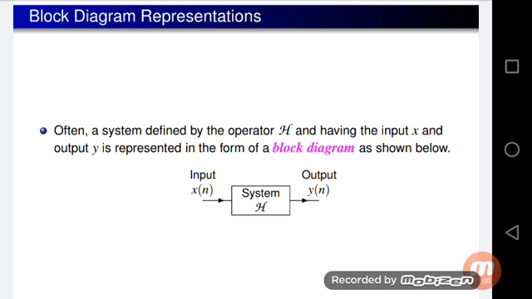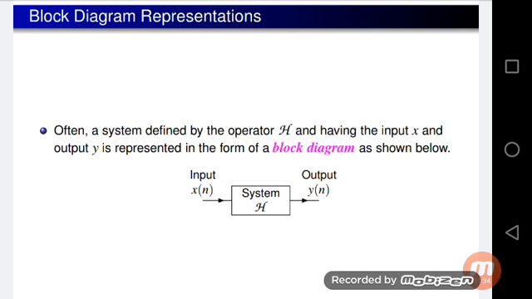So that's why a discrete time system receives x inputs and transmits y outputs. Often a system defined by the operator h, having x input and output y, is represented in the block diagram shown below.